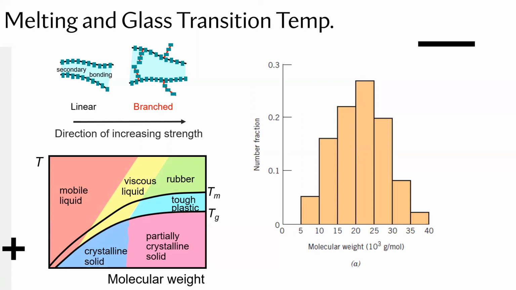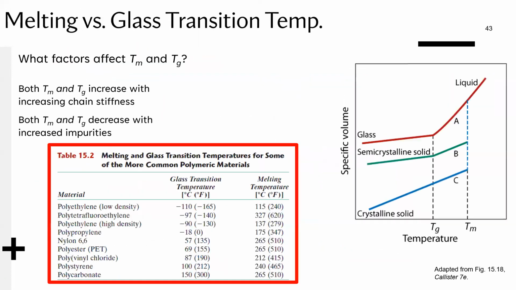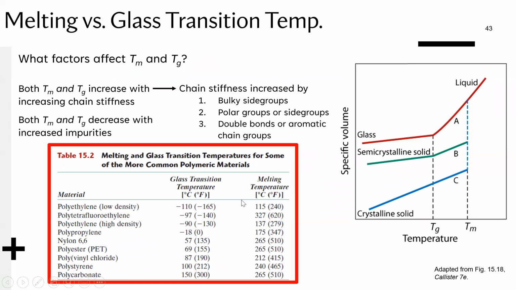So maybe if you've got this material here, for instance, polyethylene, and it tells you the melting temperature is 115, and then high density polyethylene is 137, it's actually going to be somewhere from 110 to 140. Depending on the density, the molecular weight, and the crystallinity, this material is going to transition from a solid to a liquid.